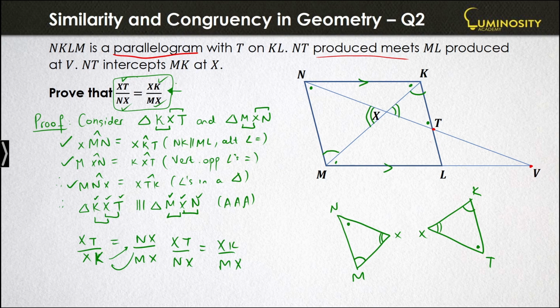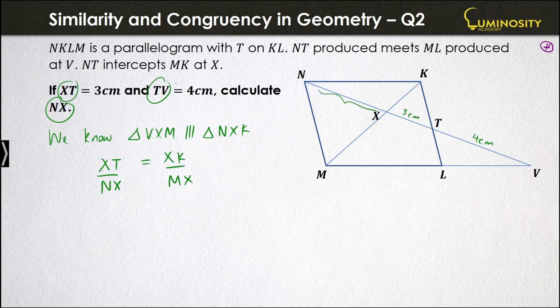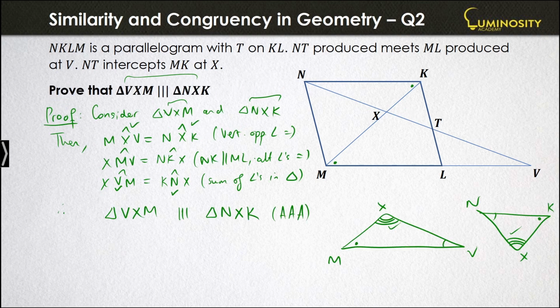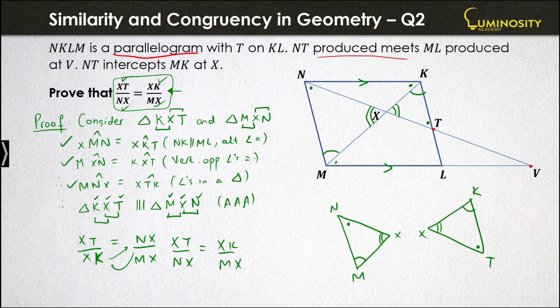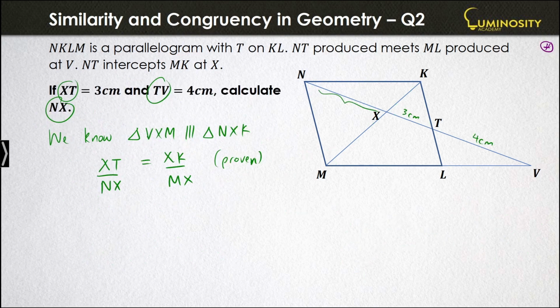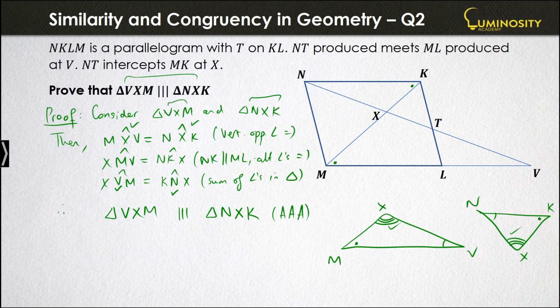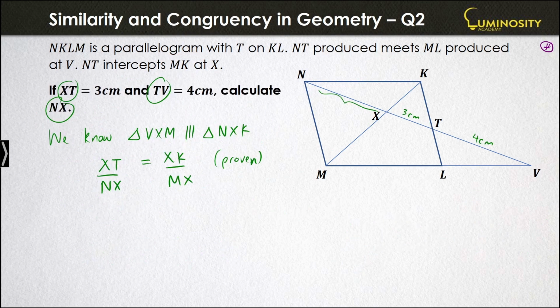So always keep that in the back of your mind. If you've been asked to prove something, it's most likely going to pop up somewhere. So that was proven in the first question, from the other triangle similarities that we looked at. So XT over NX is XK over MX.